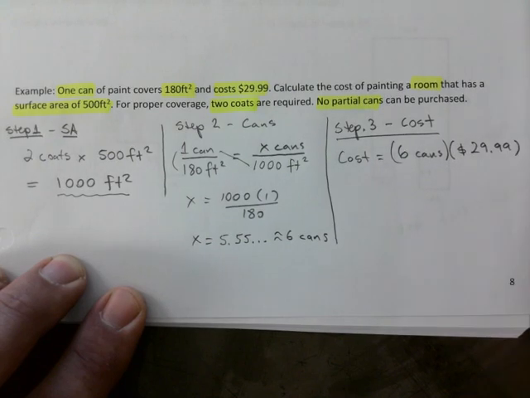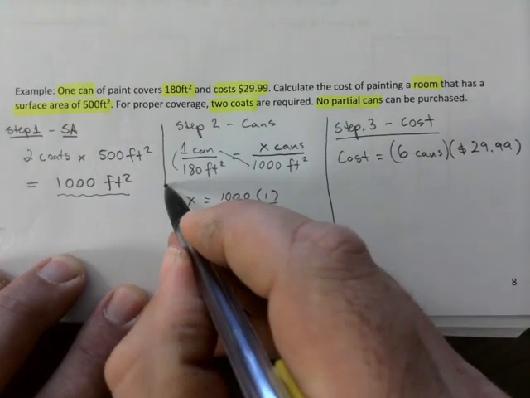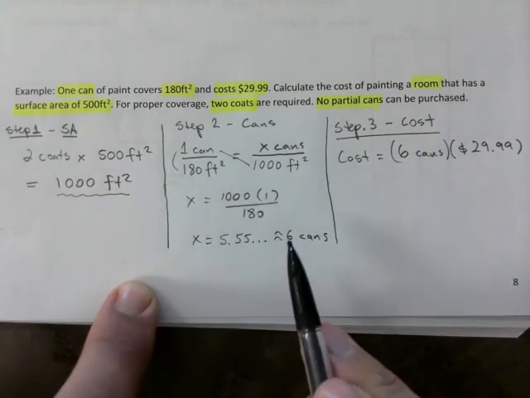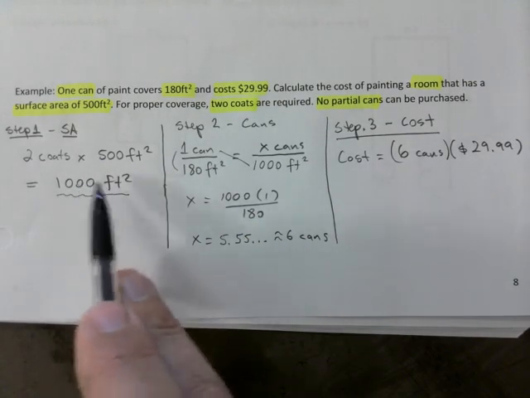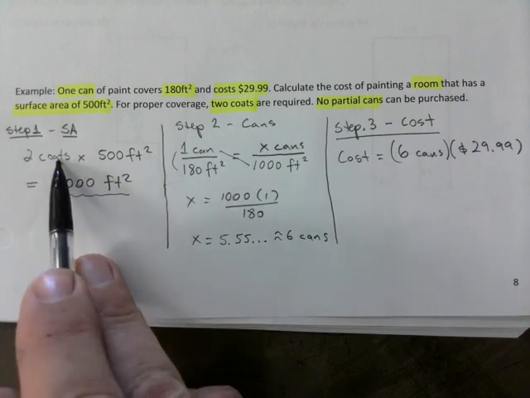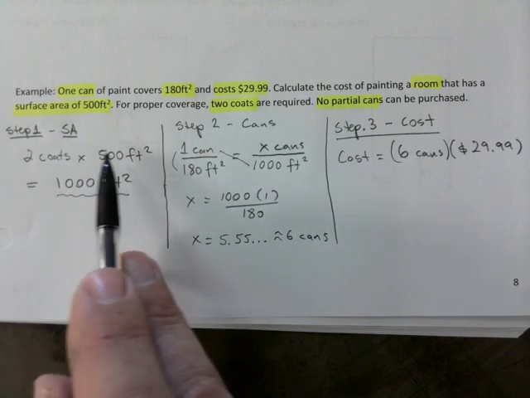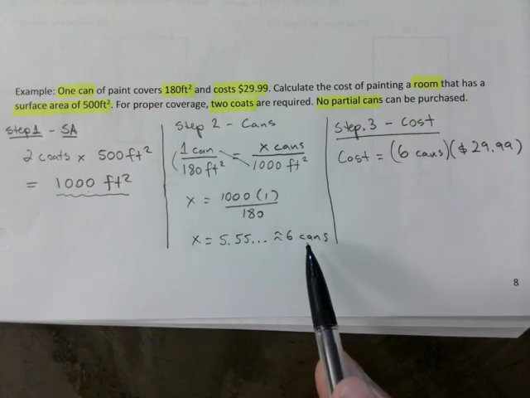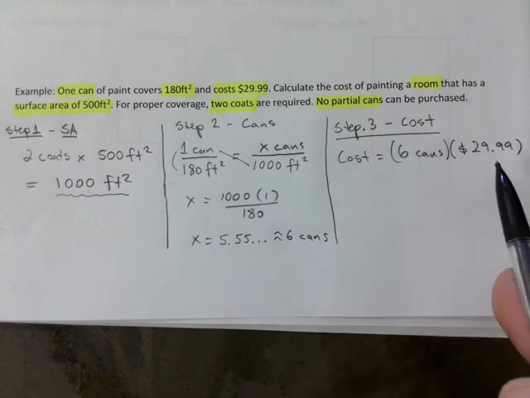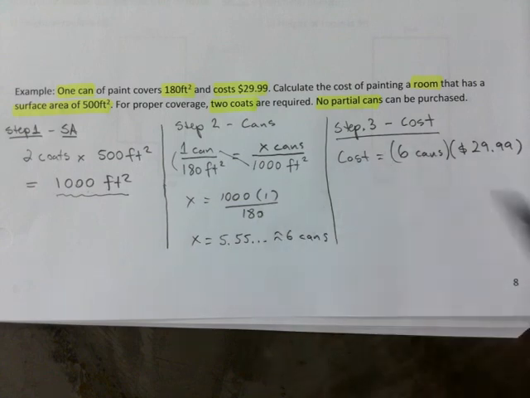A lot of students want to do everything in one shot, and I want you to refrain from doing so. First figure out the total surface area to be covered. In this case, it was a trick: 2 coats, so 2 times 500, so it's like painting 1,000 square feet. How many cans do I need? Then I figure out my cost. Please don't skip that step.